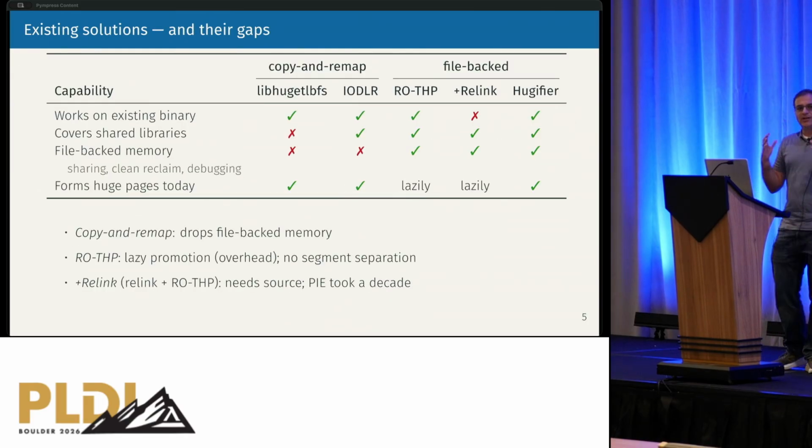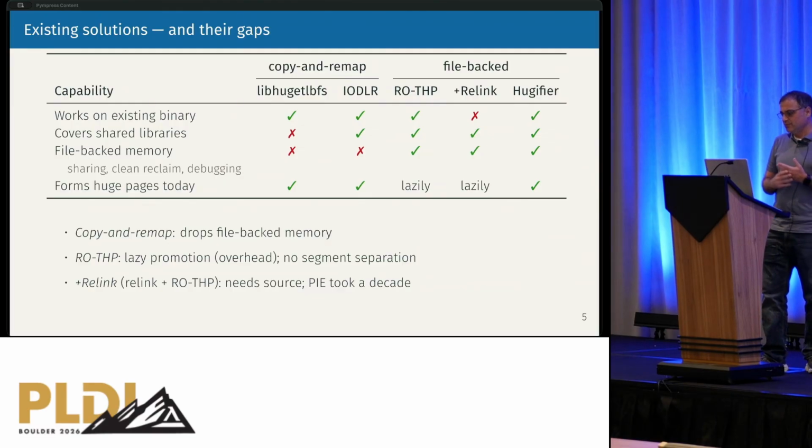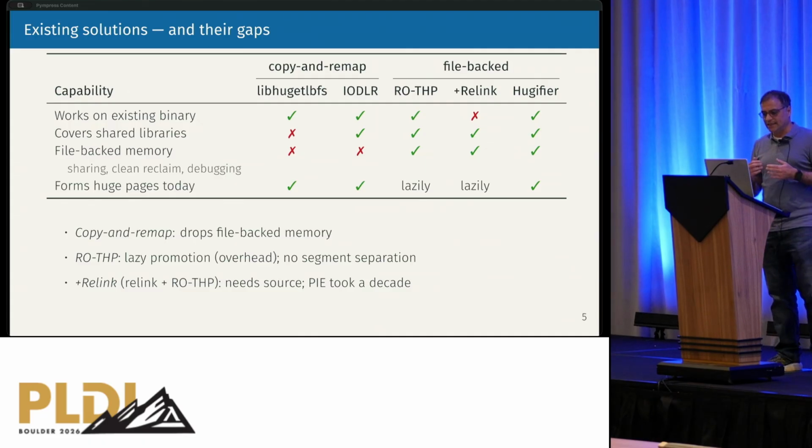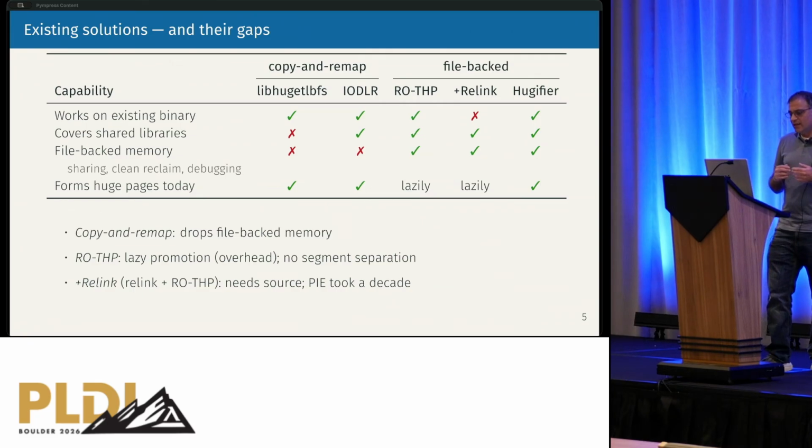If we look at existing solutions that are being used in real life, we see two categories: copy and remap solutions, and file-backed solutions. Copy and remap, like libhugetlbfs and Intel's IODLR tool, do the following.